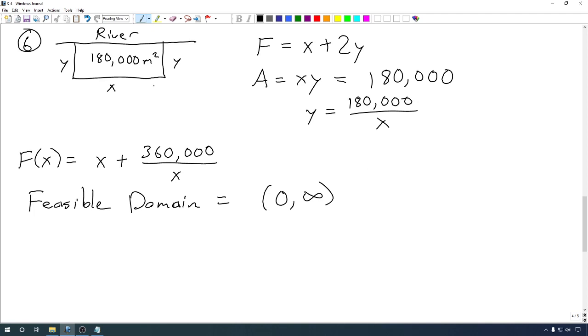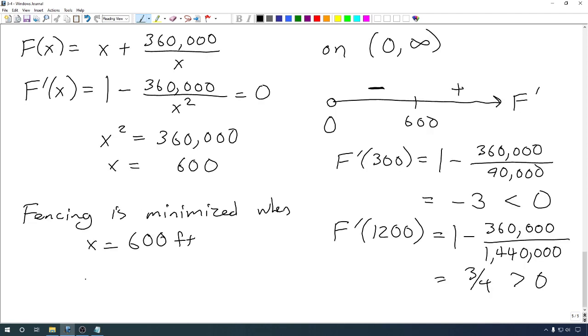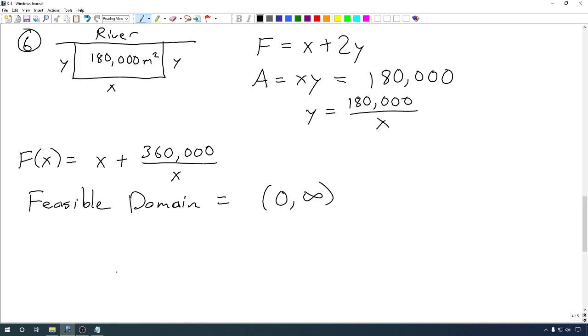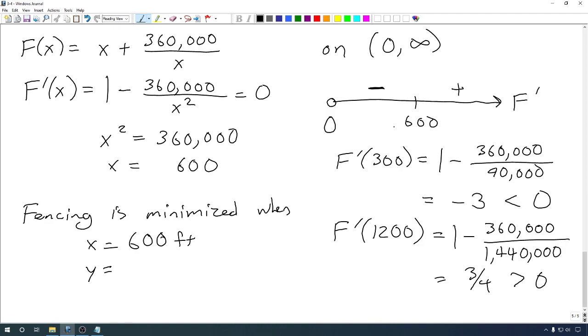The length perpendicular to the river, we're still going to have to find. That's y. But y, remember, is 180,000 divided by 600. So 180,000 divided by 600, which is 300. 300 feet. That is our answer.